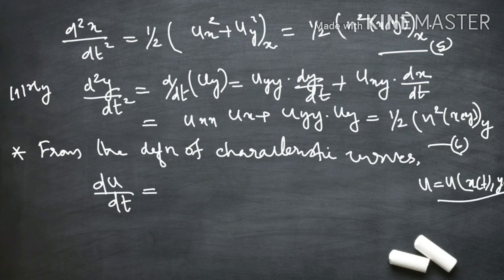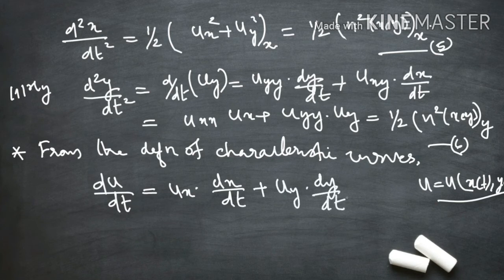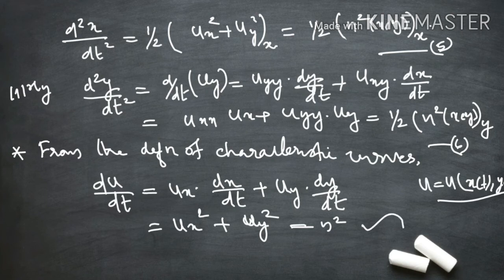So keeping this in mind, we write ux into dx by dt plus uy into dy by dt. So this will be equal to ux square plus uy square, that is n square. Hence it is proved. That means ux, uy, n square describes the direction tangent to the solution.